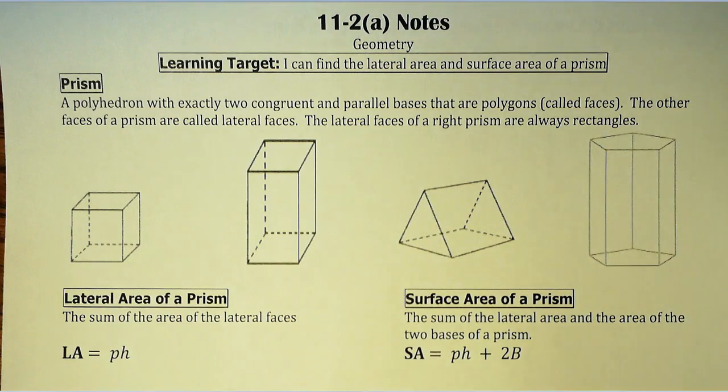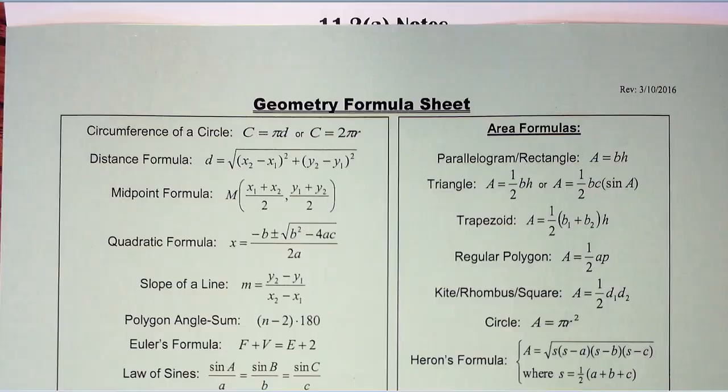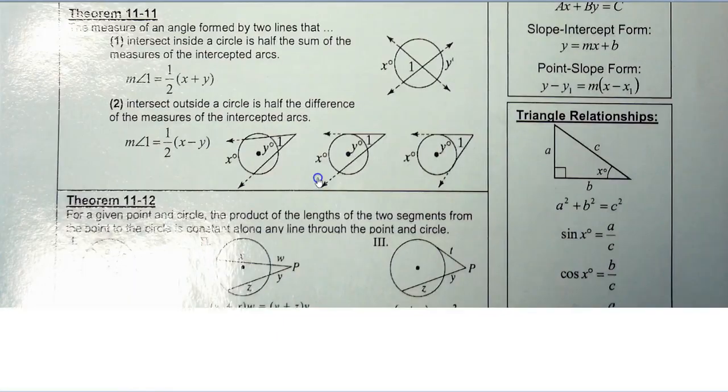Okay, so as we go through here, these formulas are on the formula sheet I gave you guys, which I'm going to grab real quick and show you. So here's the geometry formula sheet. I believe the one you guys have was on a yellow sheet of paper. I just want to point out where these formulas are. This is the top of the formula sheet, so I'm going to slide this up so you can see it's at the very bottom.